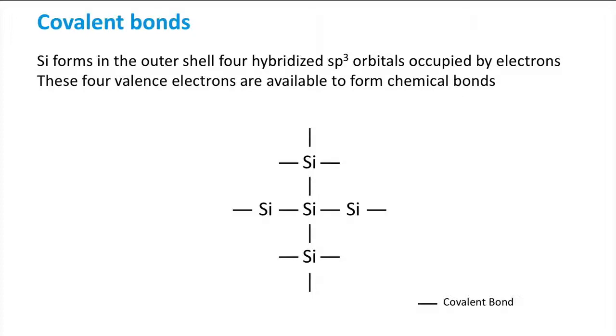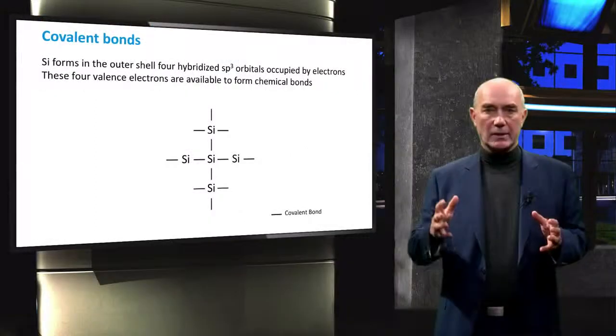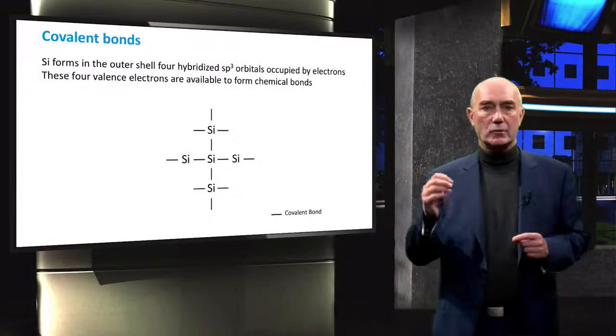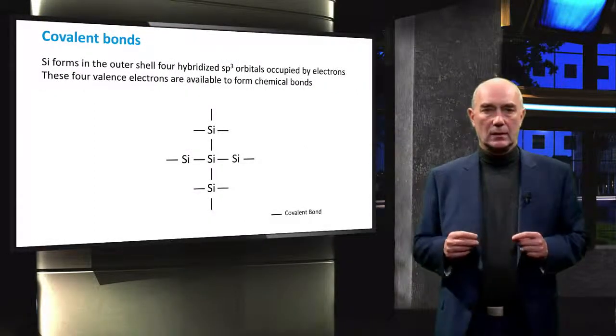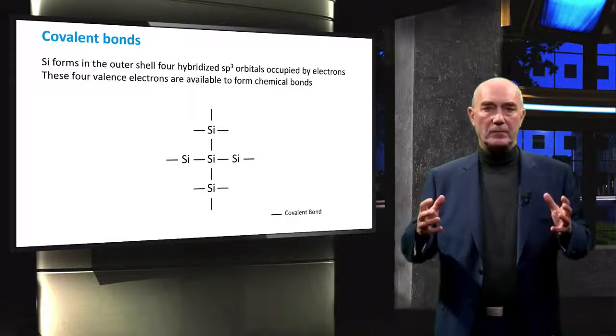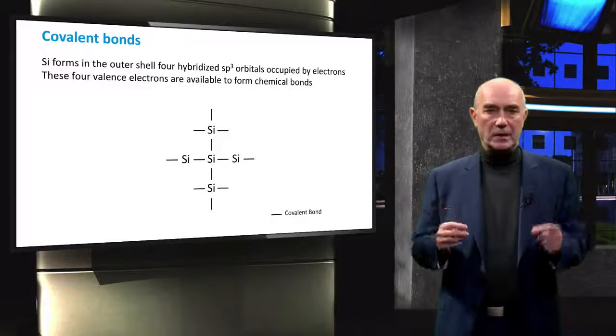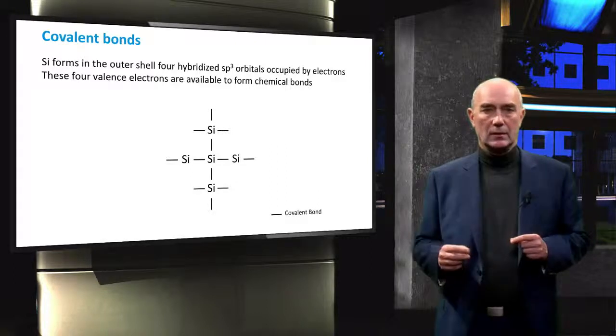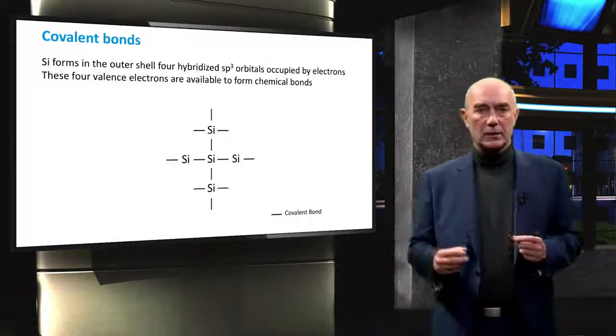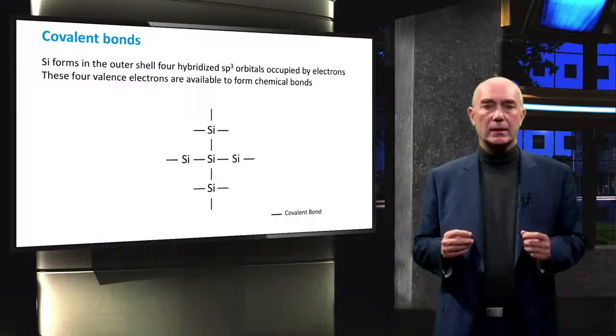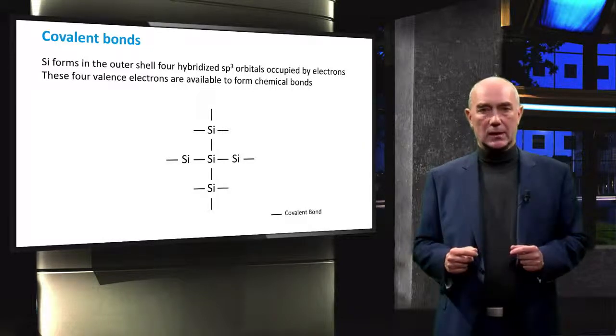In the representation known as bonding model, these bonds are shown as straight lines connecting 2 atoms. What we have just seen is fundamental to understand the physics of a material. Let's now move a step forward towards the description of silicon as a semiconductor material.